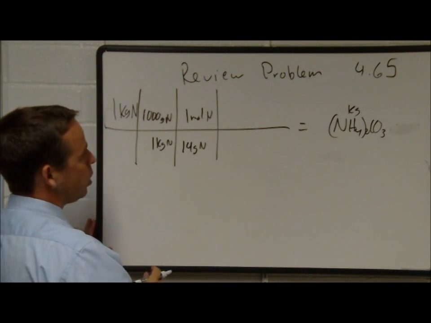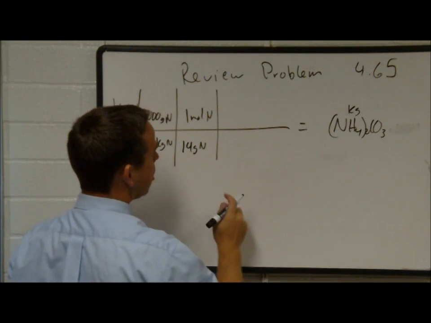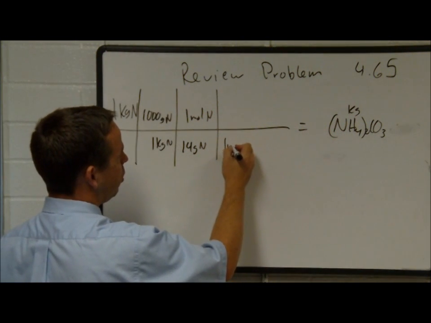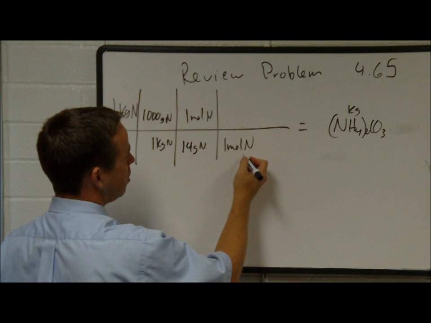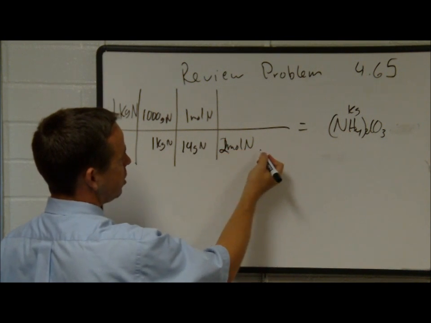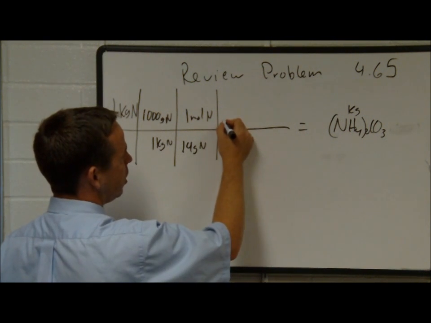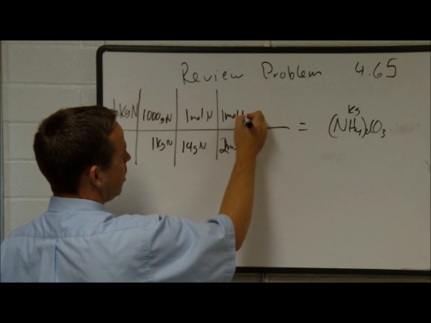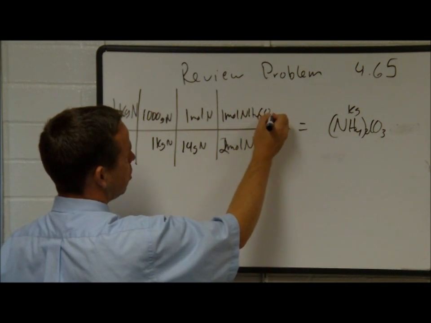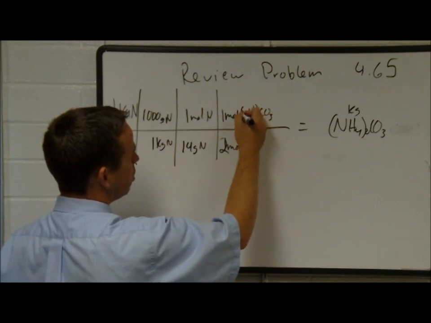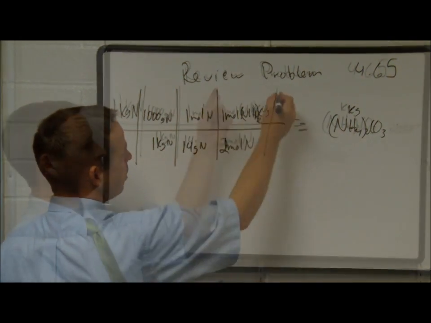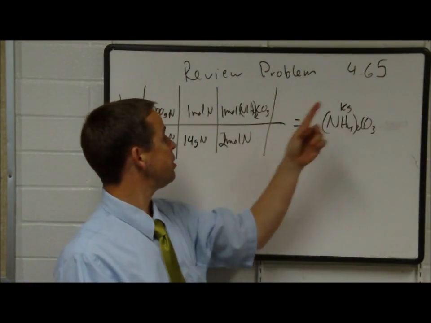And then we can go to moles of ammonium carbonate. For every 2 moles of nitrogen, that's how many moles of nitrogen there are in 1 mole of (NH4)2CO3.